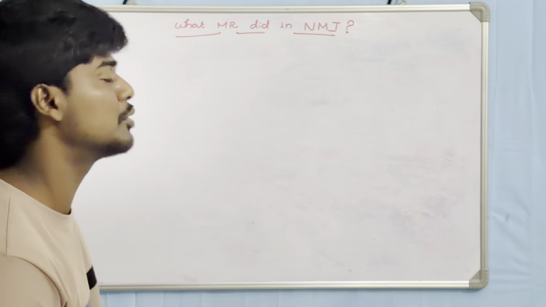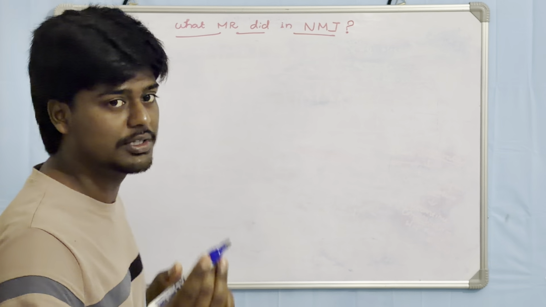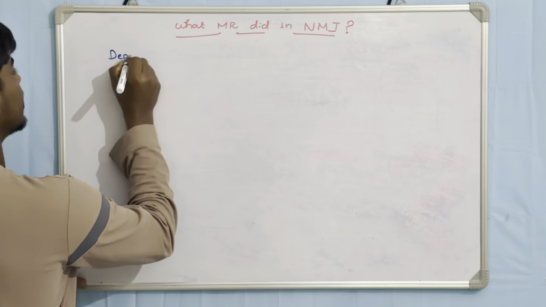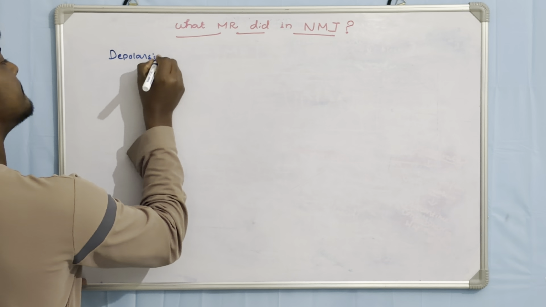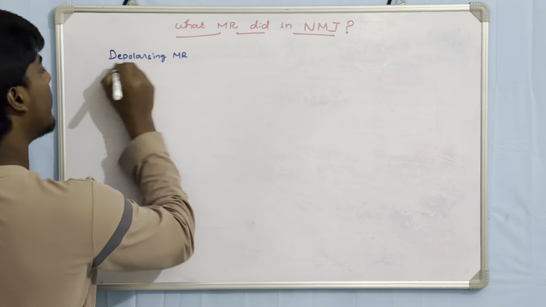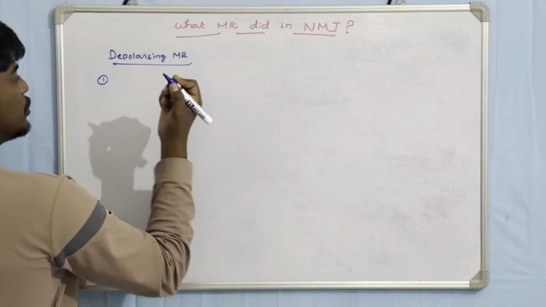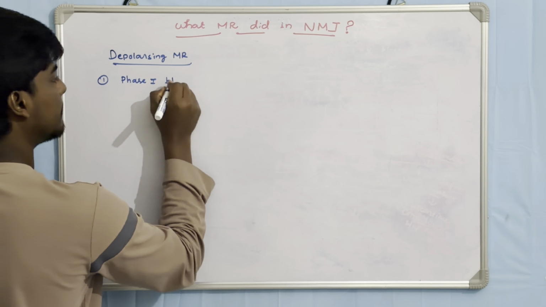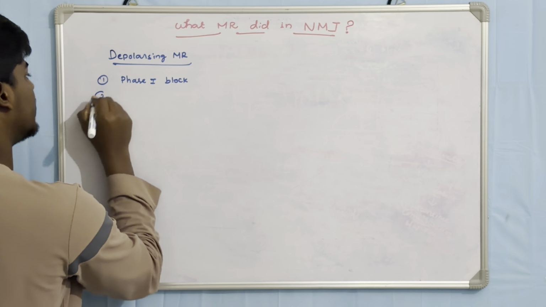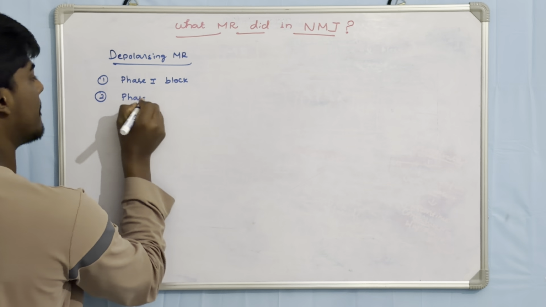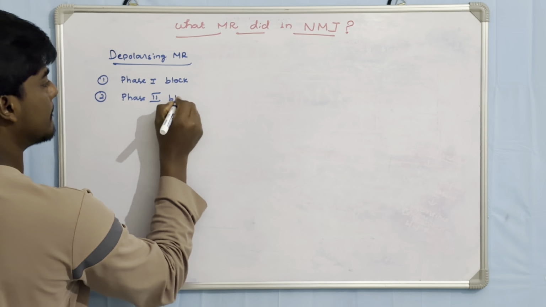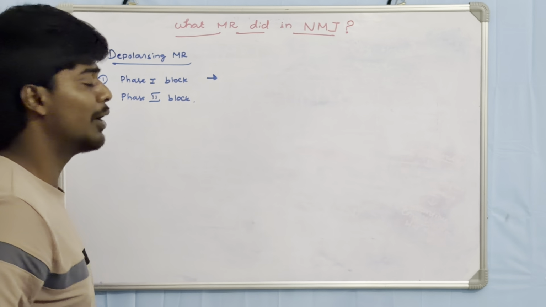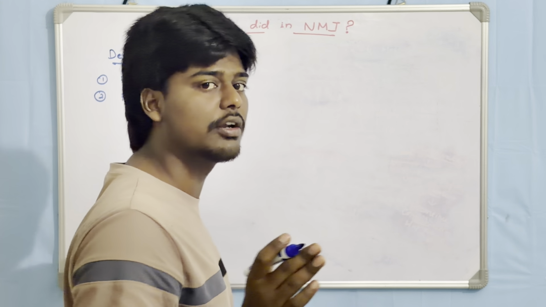Depolarizing muscle relaxants produce muscle relaxation in two different ways: a phase 1 block and a phase 2 block. First we will discuss the mechanism of action of the phase 1 block.